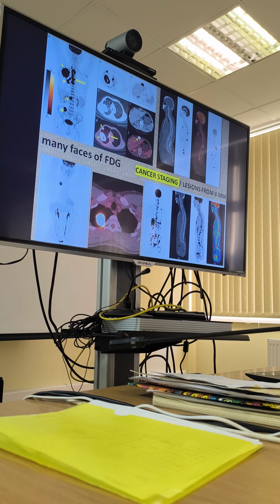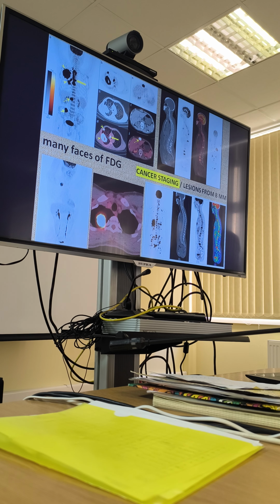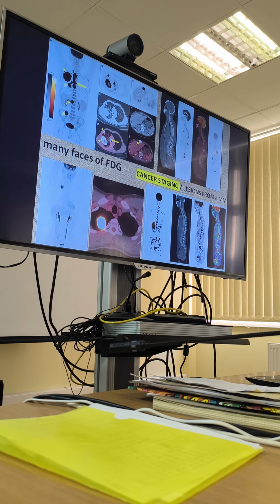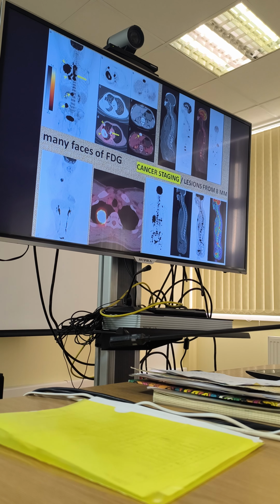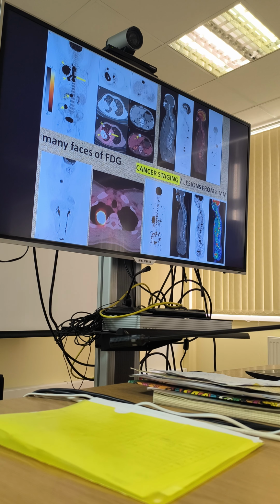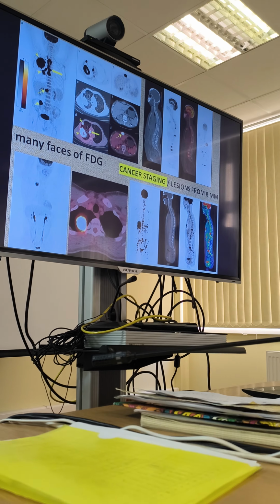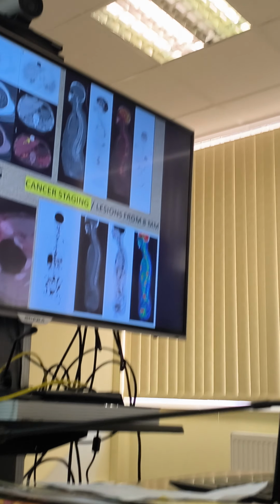But if we are looking for the amount of tumor burden, or how many tumor cells are in the body, this kind of picture is better, because we have the whole body in the same picture, and we can have the whole picture at one moment. People say that we can find tumor lesions from 8 millimeters, and this is a small size for a tumor to be recognized, so pay attention to this.